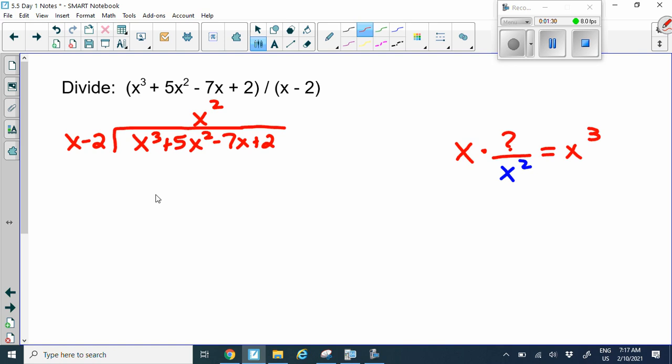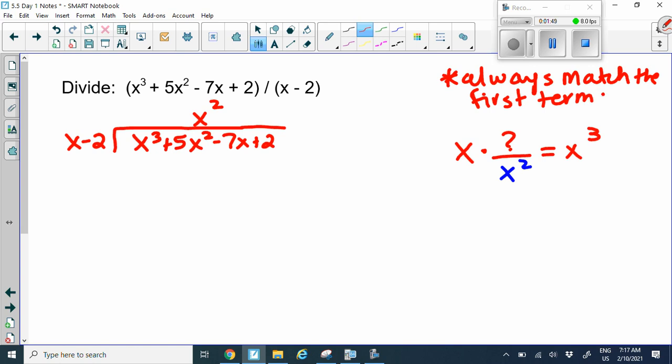The idea is that we always have to match the first term. So unlike when we did it with numbers, it was okay if we didn't match exactly, but we always want to match the first term in our polynomials because we want to eliminate things.